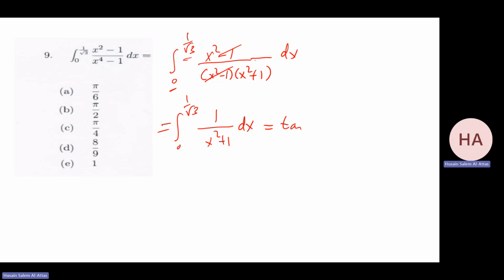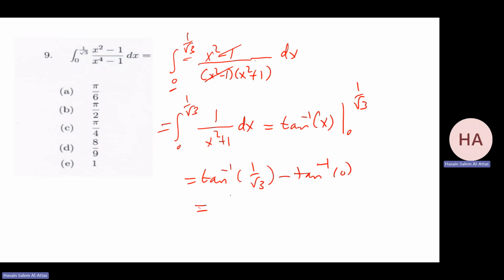And that will be tan inverse of x from 0 to 1 over square root of 3. What is tan inverse 1 over square root of 3 minus tan inverse of 0? This is 0. Tan inverse 1 over square root of 3, that will be what? Sine half means pi over 6, minus 0, which is pi over 6. That is it.